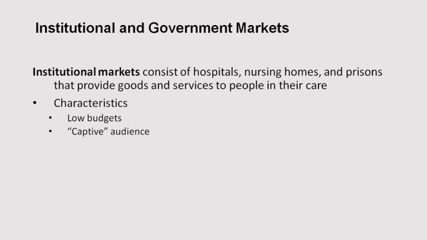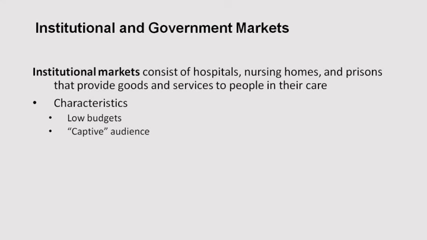Ano ba mga institutional markets? So, it consists of hospitals, nursing homes, and prisons that provide goods and services to people in their care. So, tawag lang natin dito, institutional markets, kung meron silang inaalagaan, no, ng mga tao and nagpo-procure sila ng goods or services intended for the people, class, in their care.